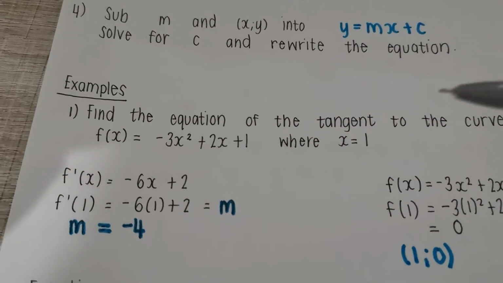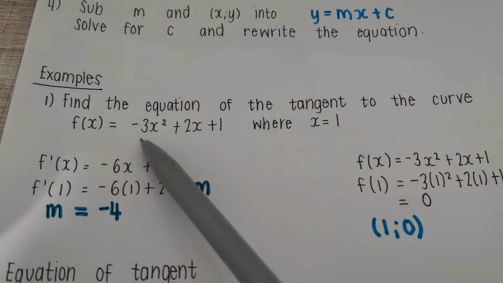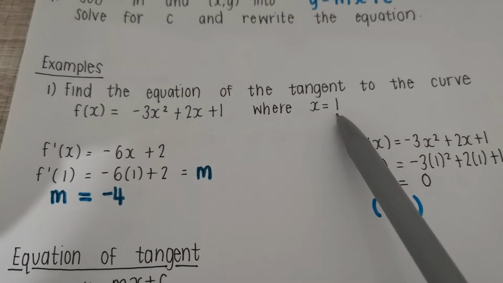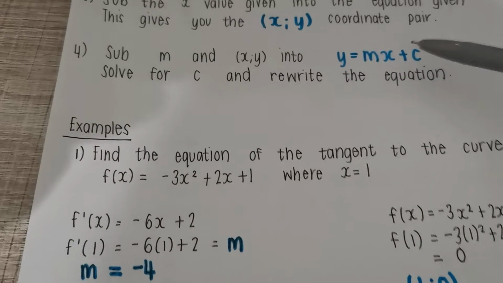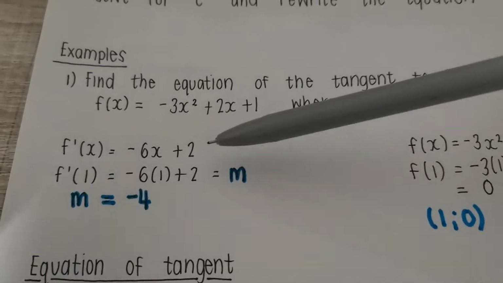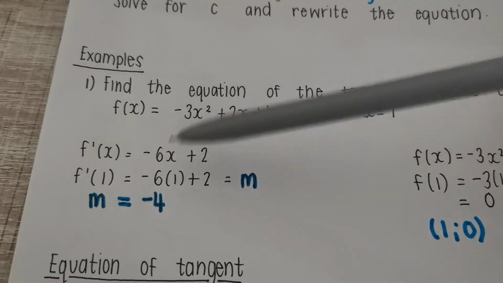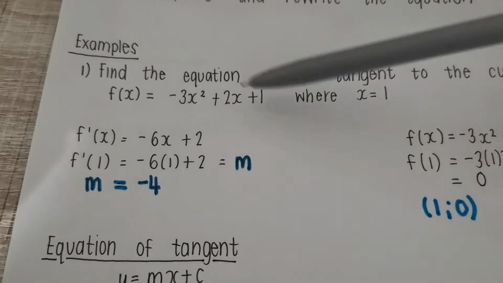I wrote here, find the equation of the tangent to the curve. I've given you the curve: negative 3x squared plus 2x plus 1, where x is equal to 1. You don't have to draw anything. You're just following the steps that I put up there for you. So I determined the derivative. How do we get the derivative? You multiply this by this negative 3, giving me the negative 6, and then you reduce this power by 1.